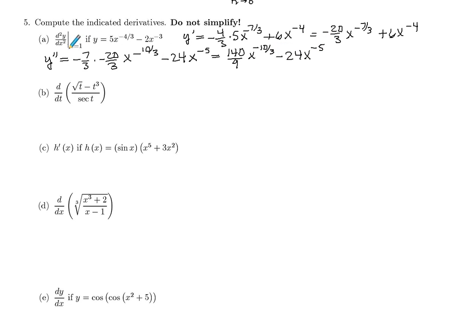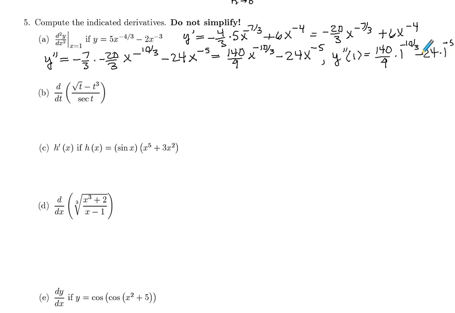Now we want to evaluate at x equals 1. Okay, so that's saying what is y double prime at 1 would be a different way to write that. And so all we're doing is plug 1 in here for our x. So this is going to be 140 over 9 times 1 to the negative 10/3 power, and then minus 24 times 1 to the negative 5th power.